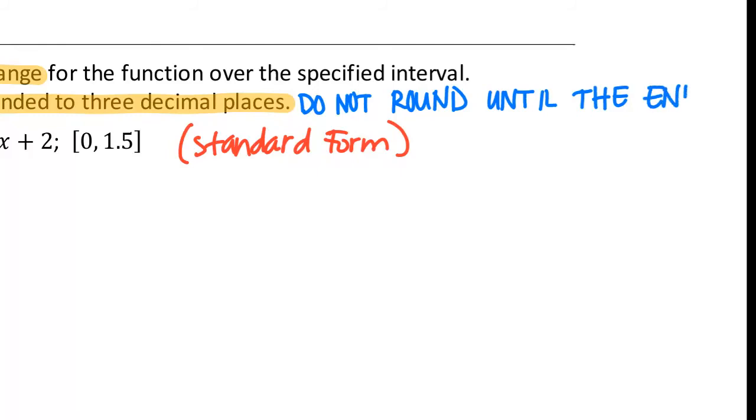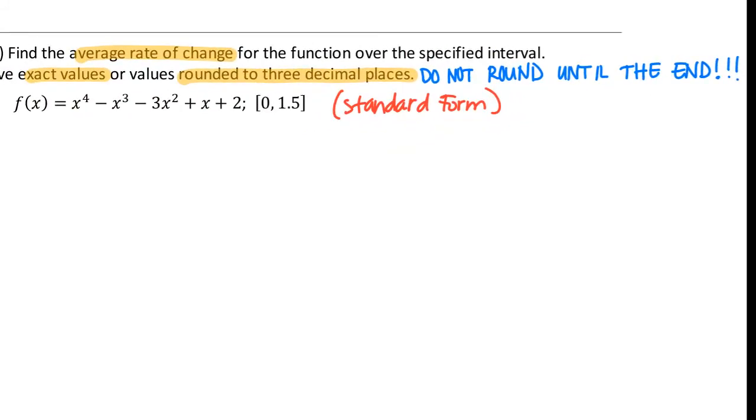Do not round until the very end, because if you round too soon, then your answer could be off because you are going to have a rounding error in your answer. So do not round until the very end.